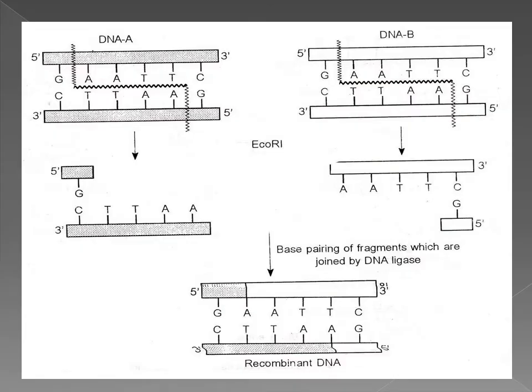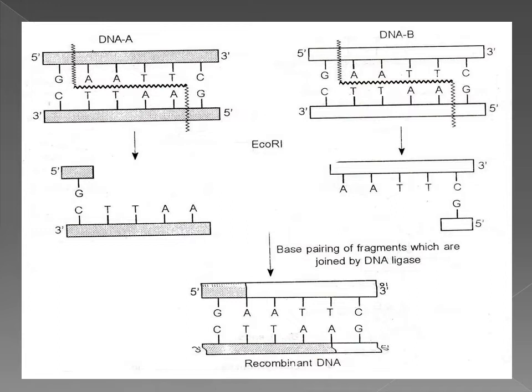Again, one more example I would like to show. You can see there are two DNA strands here, DNA A and DNA B. The line indicates the particular area we are going to cut. So here the removal of this fragment, and in case of DNA B, we are removing another fragment.